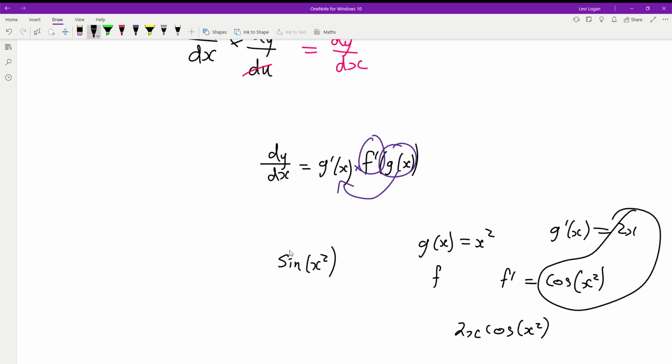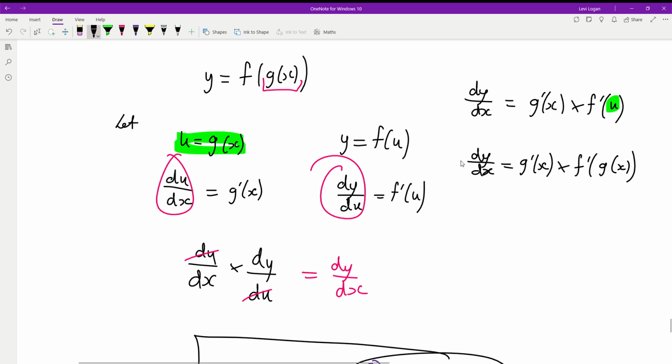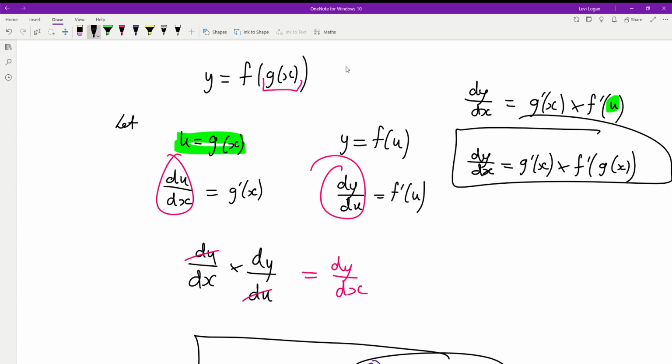So the derivative of sine of x squared is 2x cos of x squared. So now I know how to do that. So if you have a function inside a function, you differentiate the inside and you multiply by the differential of the outside. And that is what we call the chain rule. So chain rule. And this rule is very important because it's going to help us prove a couple of things.